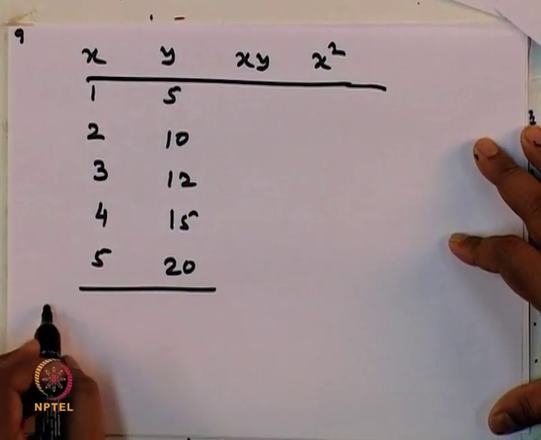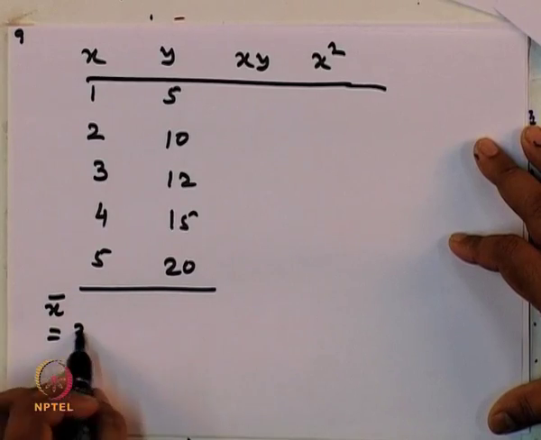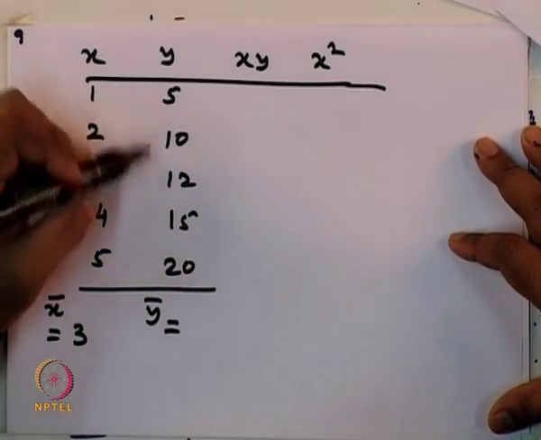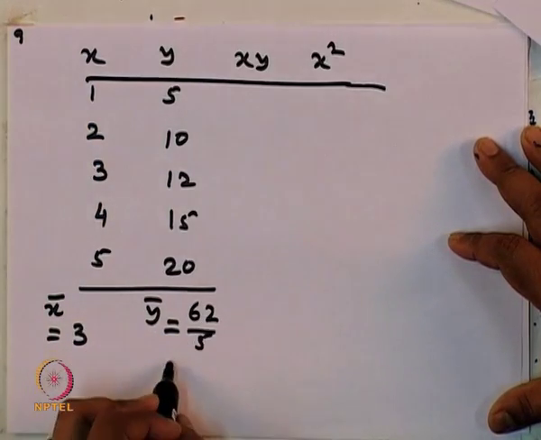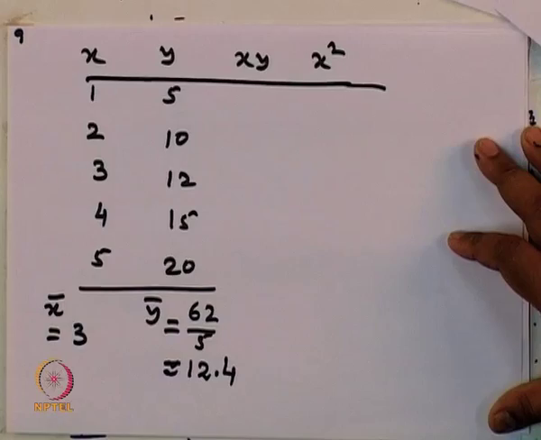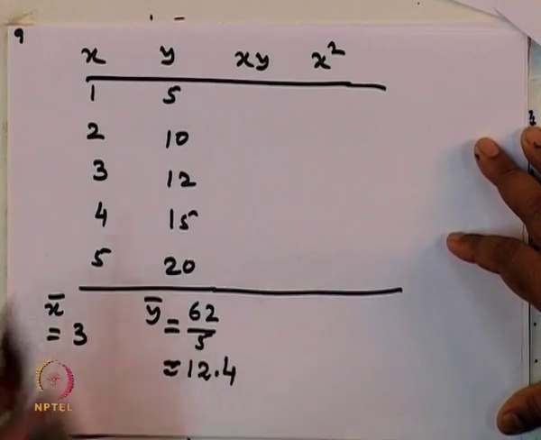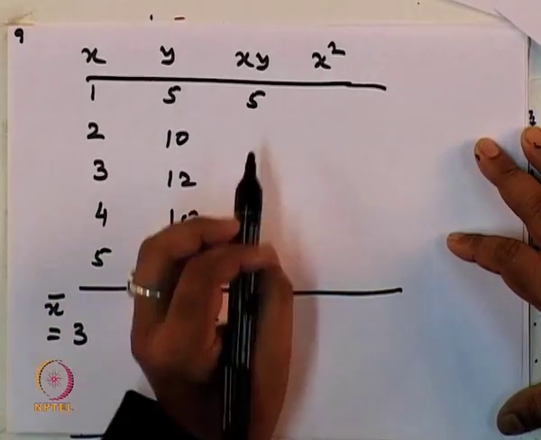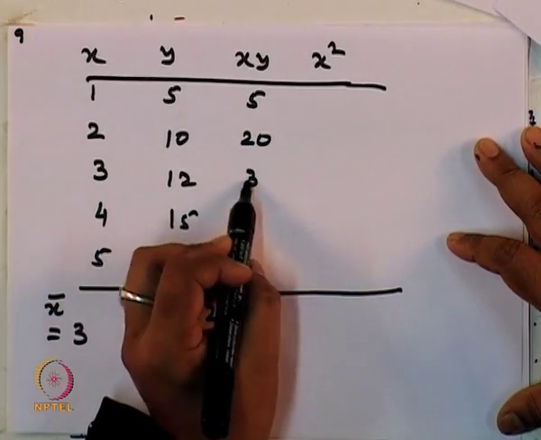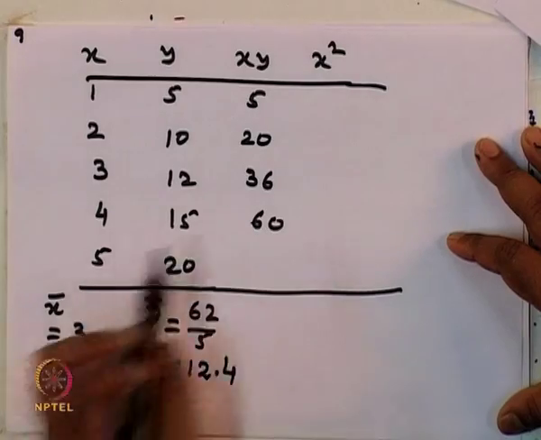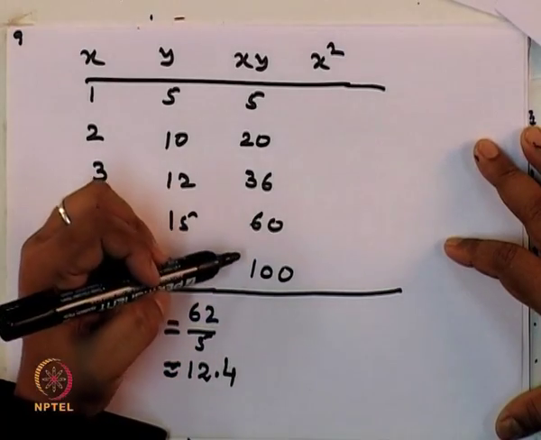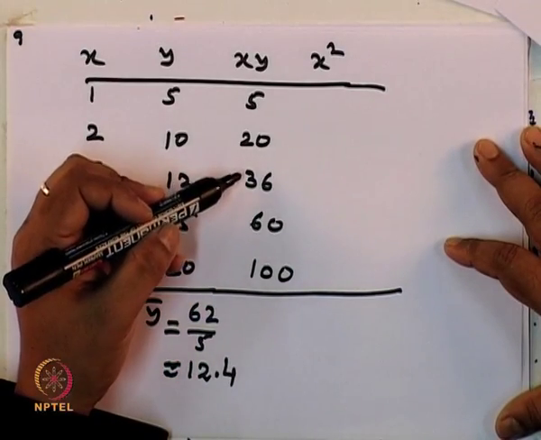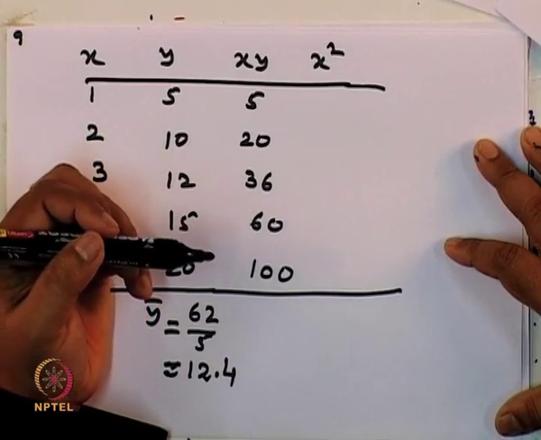So, my x bar is equal to 3, and y bar is 62 by 5, which is exactly 12.4. Let me calculate xy: it is 5, 20, 36, 60, 100.